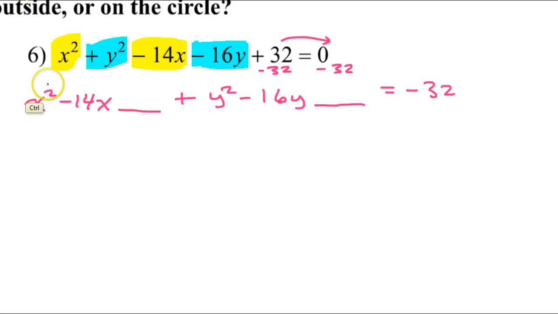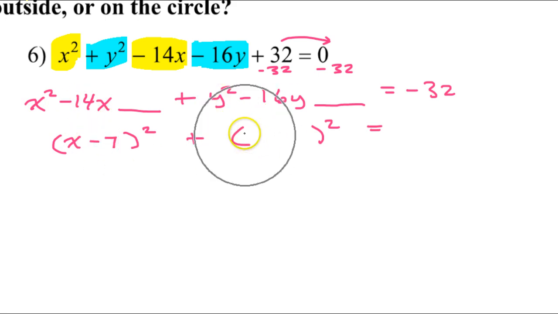Okay, now it's time to create the parentheses where we have a binomial squared, and a binomial squared. To get the first binomial, of course I'm going to have x, because I see the x right here, but then I take half of this middle number, so that'll be minus 7.